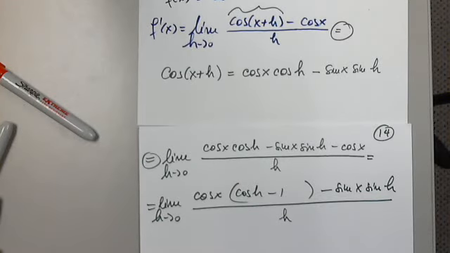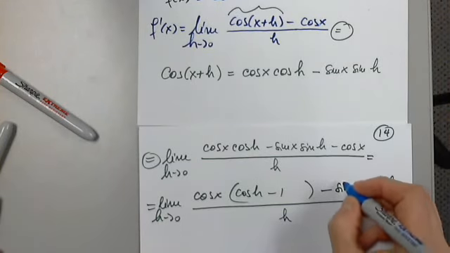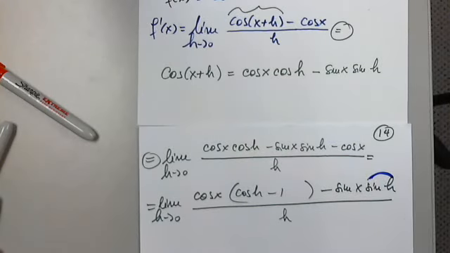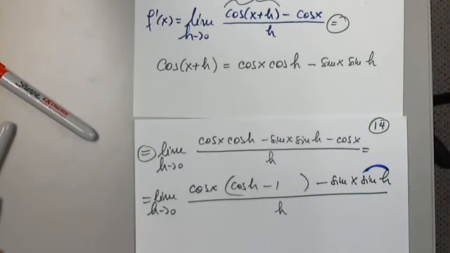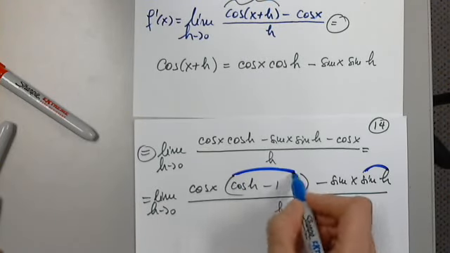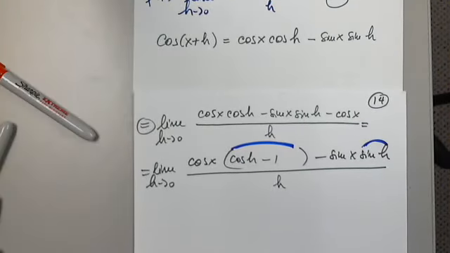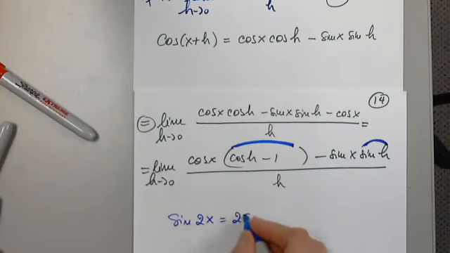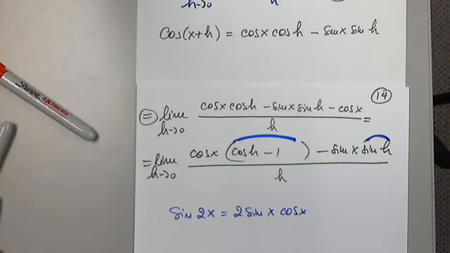Perfect. Okay. At this point, I have two identities that I have to use. One, I will be using for this factor, and the other one I will be using for this. So let me show you what we're going to do next. From the trig identity sine 2x equals 2 sine x cosine x, this is another identity, front cover or back cover of your book, I will apply this procedure for sine h.